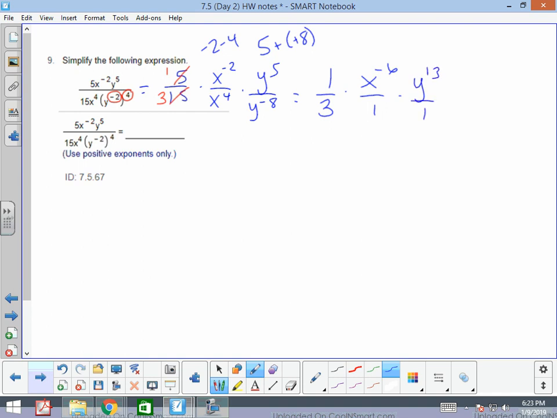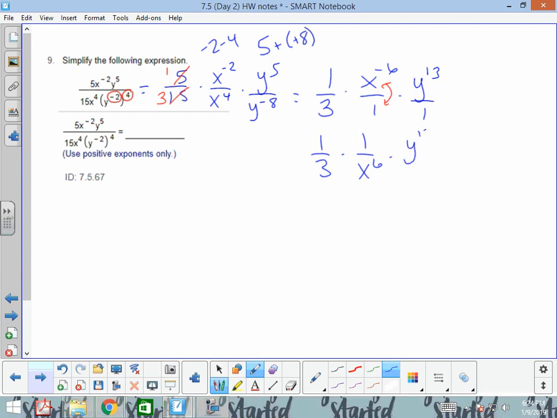All right, so what's going to move? Well, the x to the negative 6 is going to move because it has a negative exponent. So it's 1/3 times 1 over x to the 6 times y to the 13th over 1. So multiply the numerators together, and you get y to the 13th over 3x to the 6th.